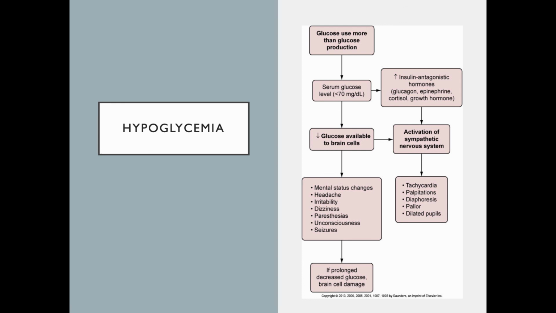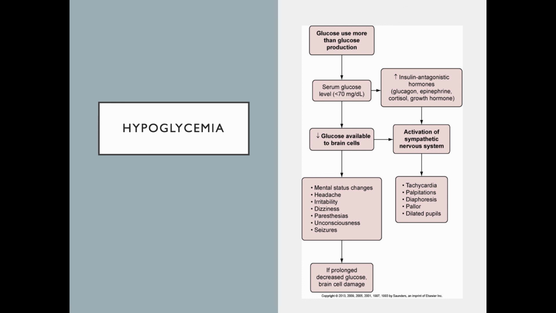And remember, the job of insulin is to move blood sugar into the cell. That's its job. And if too much of that happens, and there's not enough blood sugar in the bloodstream, then you can have symptoms like mental status change, dizziness, paresthesias, eventually unconsciousness, and seizures.